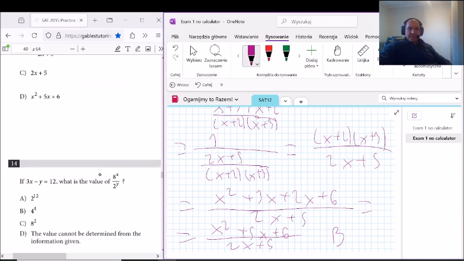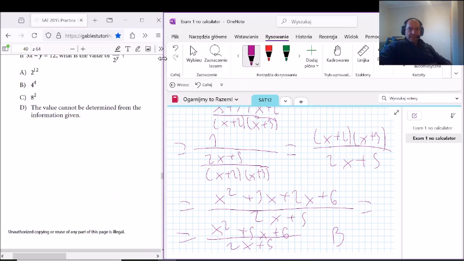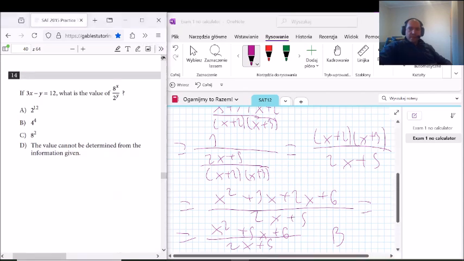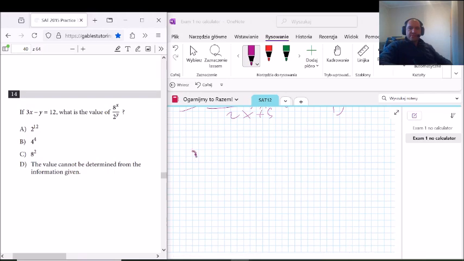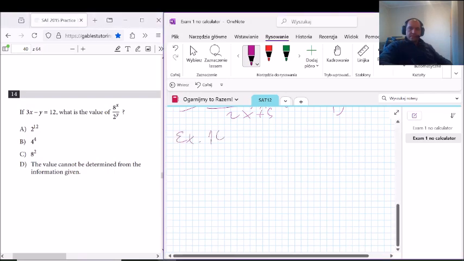Okay, so let's go to exercise 14. Exercise 14. If 3x minus y equals 12, what is the value of 8 to the power of x divided by 2 to the power of y?